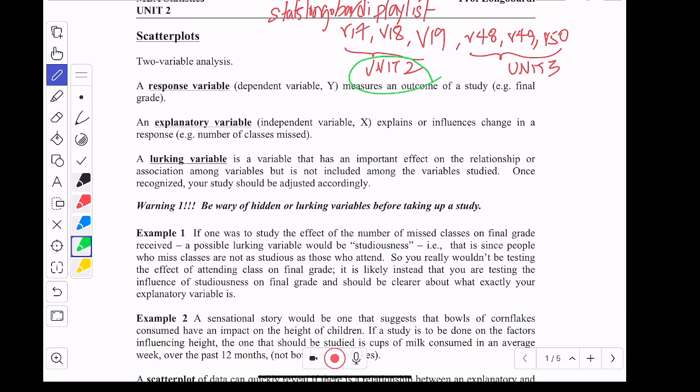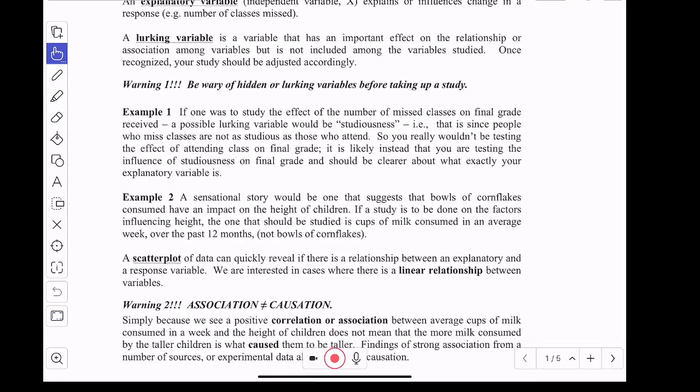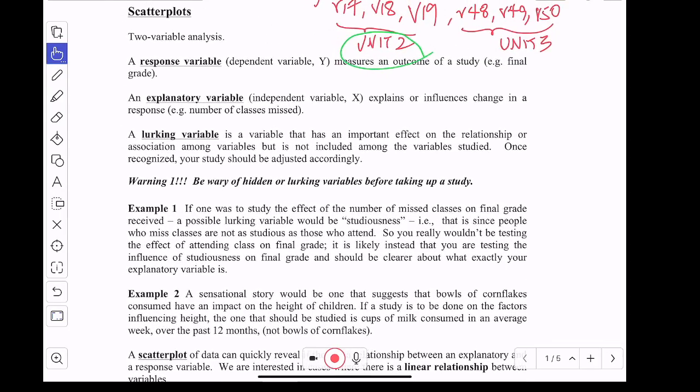It's going to depend on if I talk about this again. So in this discussion, my question is, who has not watched these videos in Unit 2, where I introduced the idea of two variables and observing relationships between two variables?